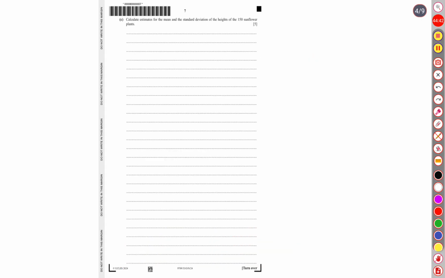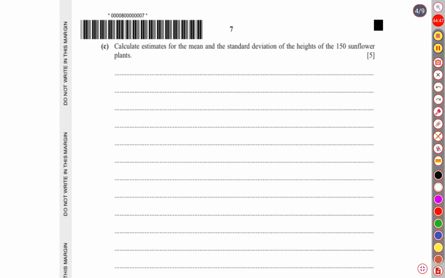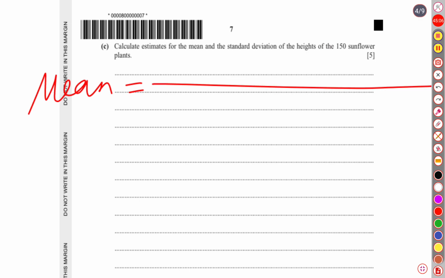The next question says, calculate estimates for the mean and the standard deviation of the heights of 150 sunflower plants. First of all, we will have to find the mean. Mean is the sum of fi xi over n.